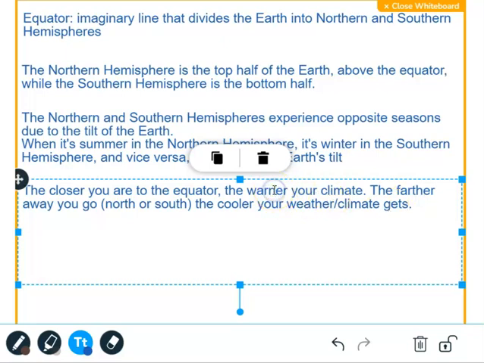Warmer, it should be an M. Oh my goodness. Monday. All right. The closer you are to the equator, the warmer your climate. The farther away you go, north or south of the equator, the cooler the weather, the climate gets.